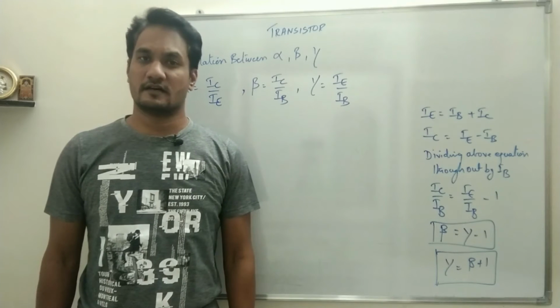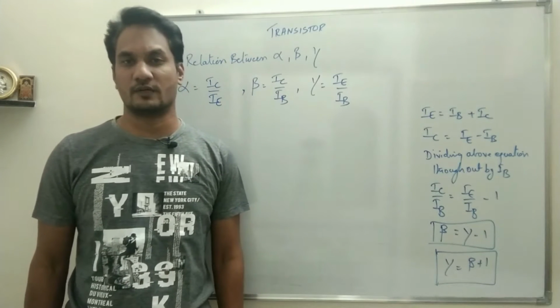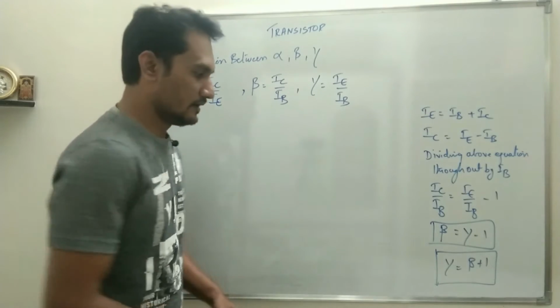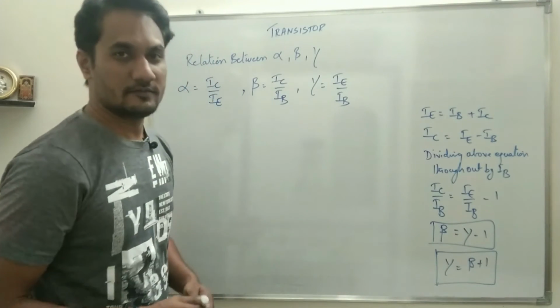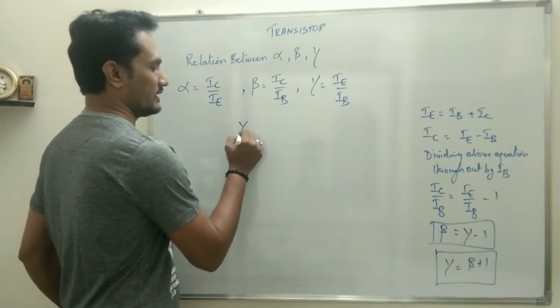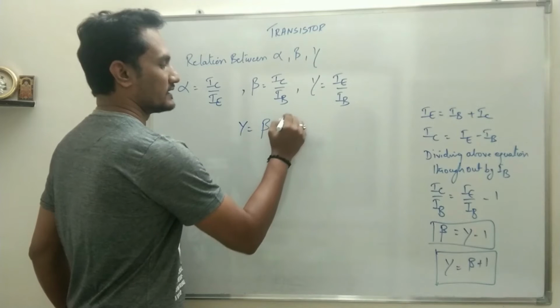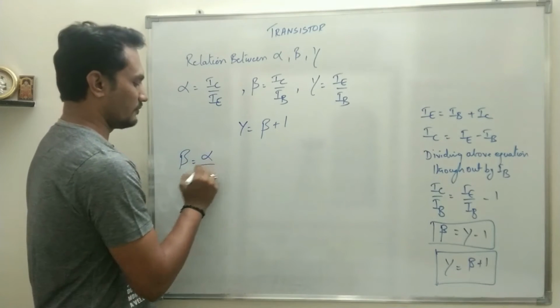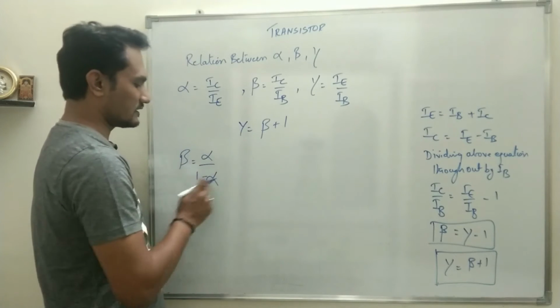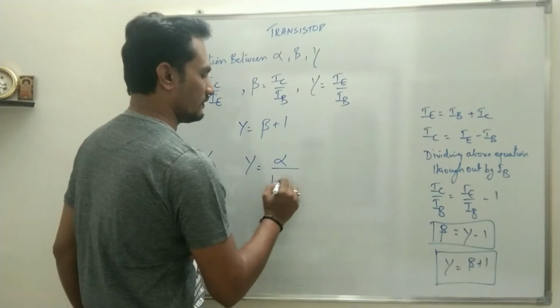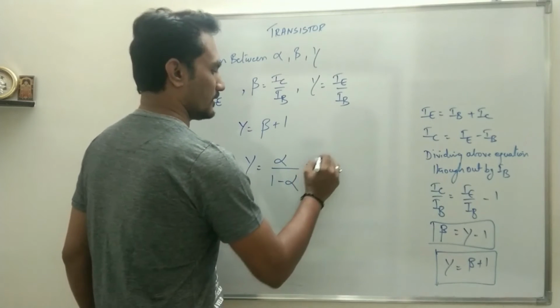The last one in the relationship between alpha, beta and gamma is the relationship between alpha and gamma. Now, we have already specified that gamma is beta plus 1. Okay, gamma is beta plus 1. And what is beta? Beta is alpha upon 1 minus alpha. So just substitute the value over here. So gamma is alpha upon (1 minus alpha) plus 1.